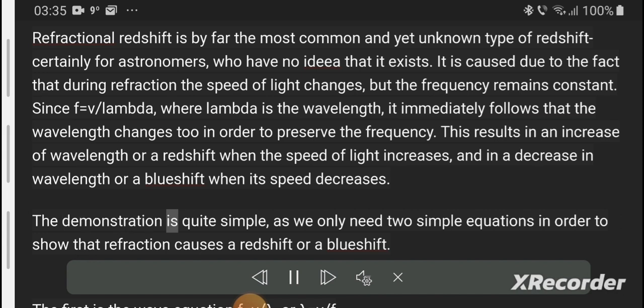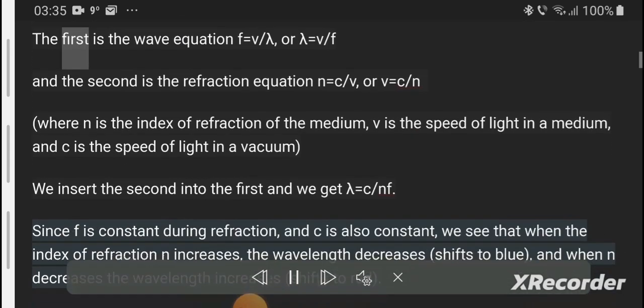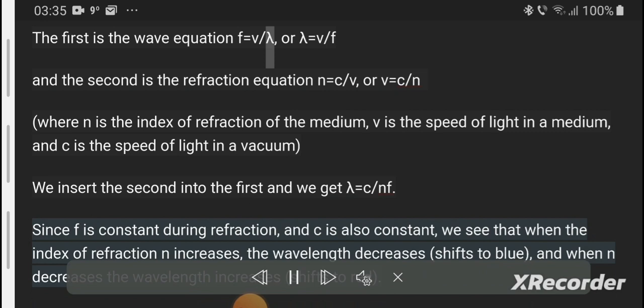The demonstration is quite simple, as we only need two simple equations in order to show that refraction causes a redshift or a blueshift. The first is the wave equation f equals v lambda, or lambda equals v/f. And the second is the refraction equation n equals c/v, or v equals c/n.